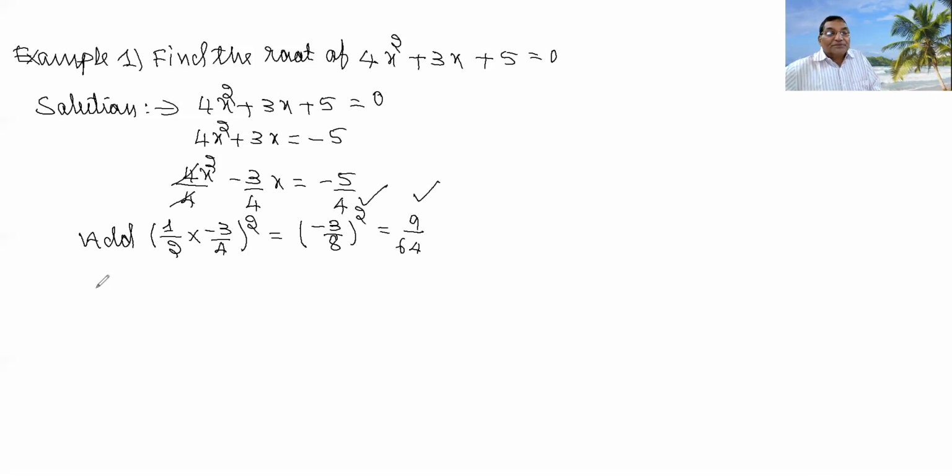Now this becomes x square plus 3 upon 4 x plus 3 upon 8 bracket square equal to, look here, 9 upon 64.